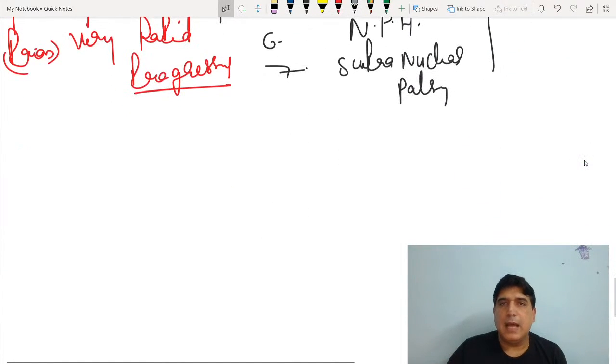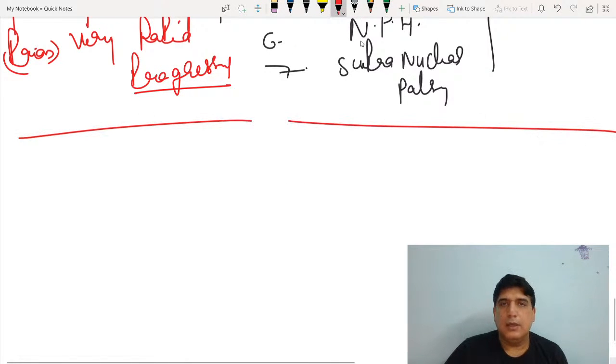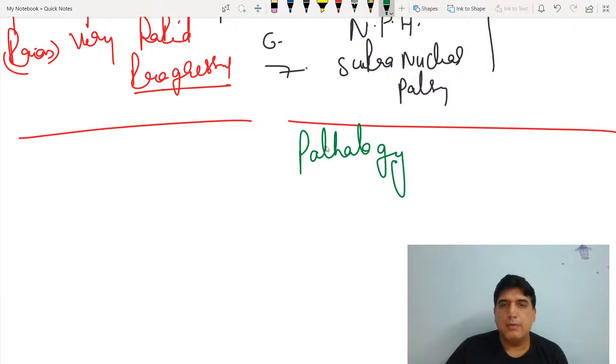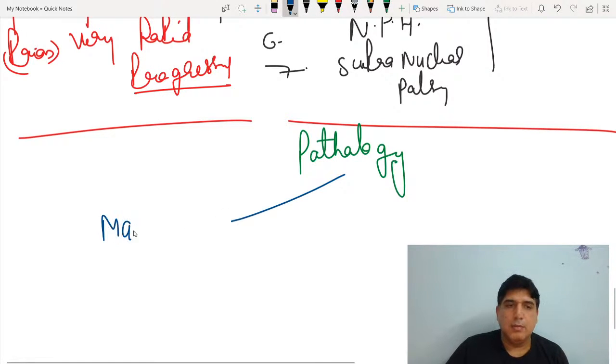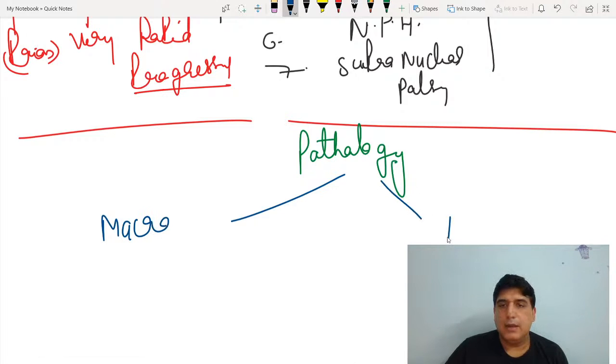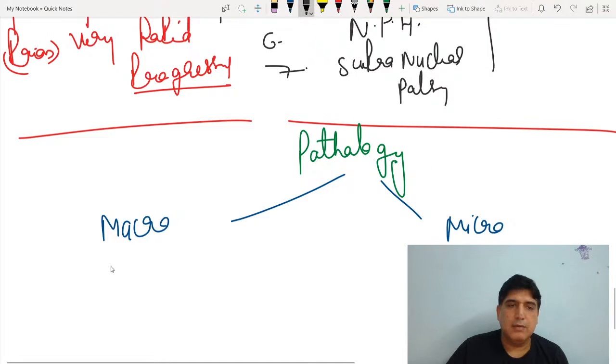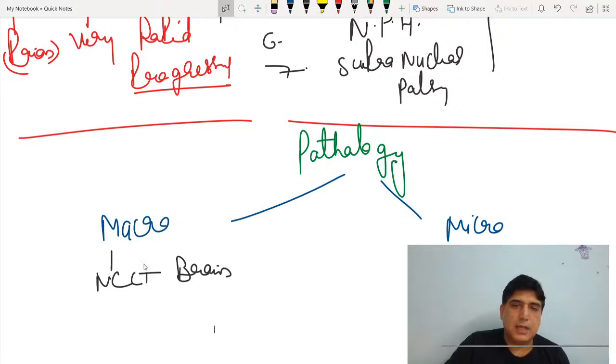Okay, if they ask you in pathology, you have to remember that we have macropathology and micropathology. In macropathology, we do the CT scan. In CT scan, guys, we have diffuse cerebral atrophy.